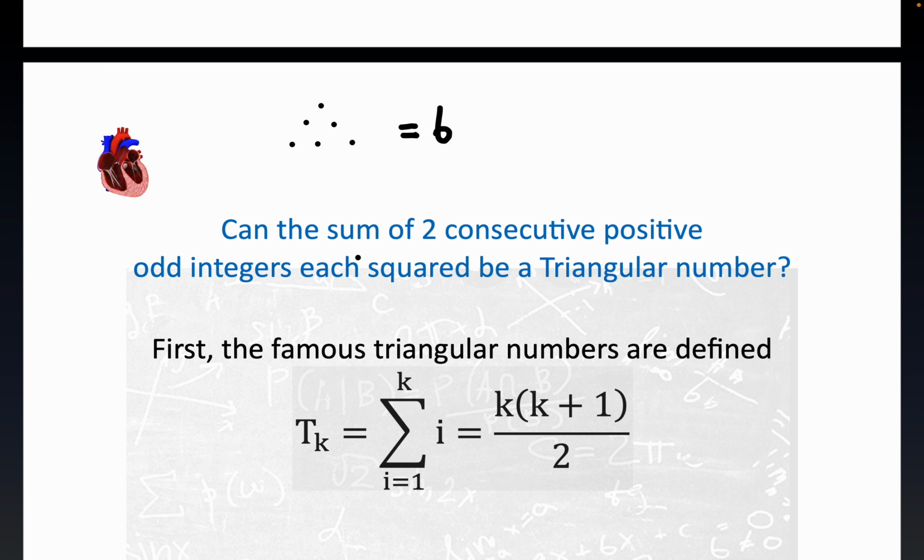Now notice that this would be equal to t sub 3, and this left-hand side equality is the definition of a triangular number. You can prove this pretty easily, that it's just the integer times its successor divided by 2.